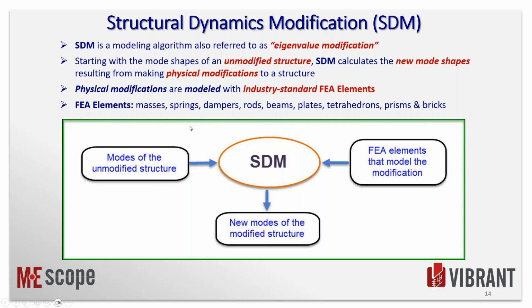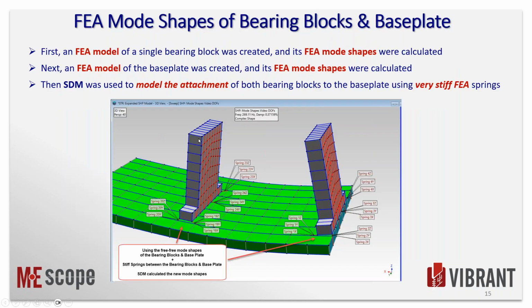And this is just some more about SDM and the types of elements that you can use in MEscope. We also have an FEA option in MEscope. Now it's not a replacement for Nastran or ANSYS or any of the bigger packages.